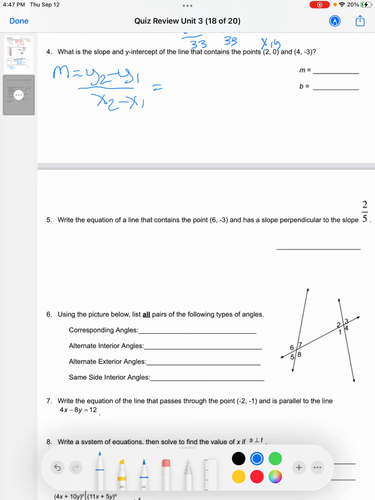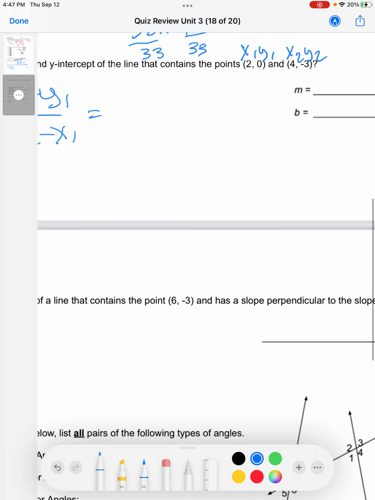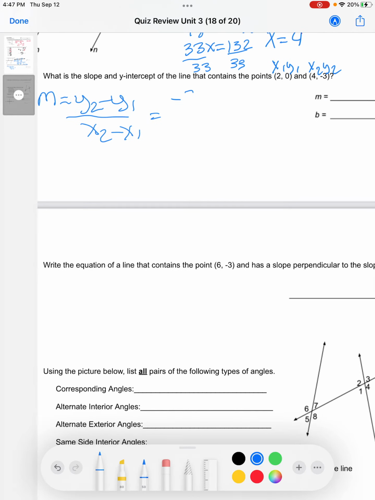This point is x1, y1, and this is x2, y2. Y2 is -3, y1 is 0, x2 is 4, and then x1 is 2.